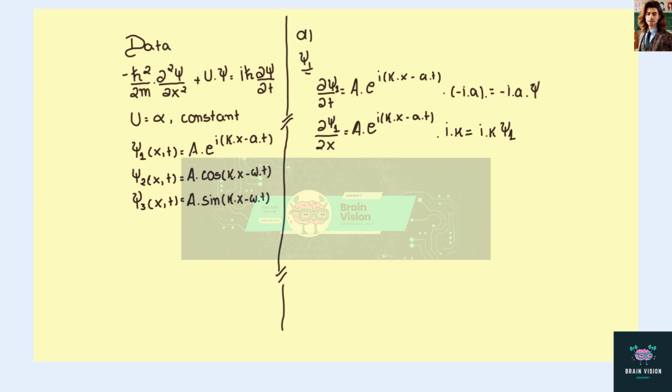So, as we can see, the time derivative is the same thing as multiplying by minus i times a, while the spatial derivative is the same thing as multiplying by i times k. Therefore, we can plug in these results in the time-dependent Schrodinger's equation to check if it is satisfied. So we have minus h bar squared divided by 2m times, we will apply the spatial derivative 2 times.